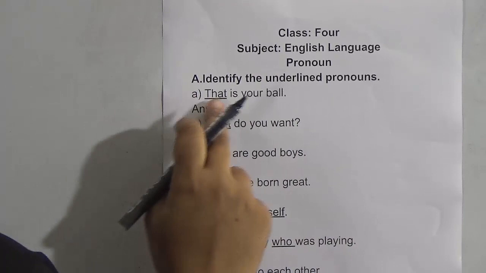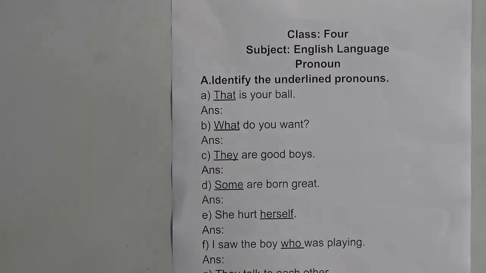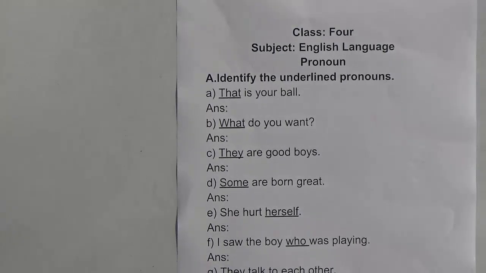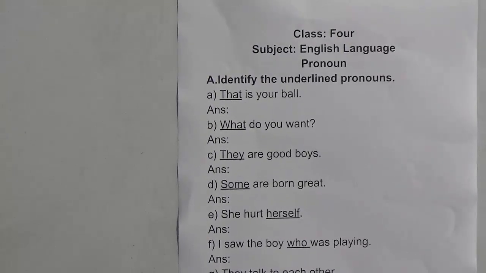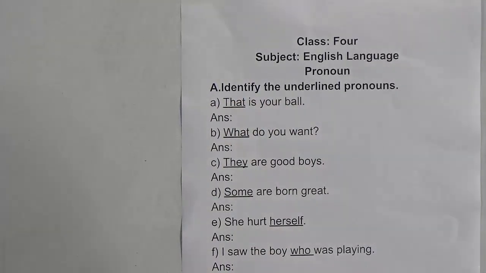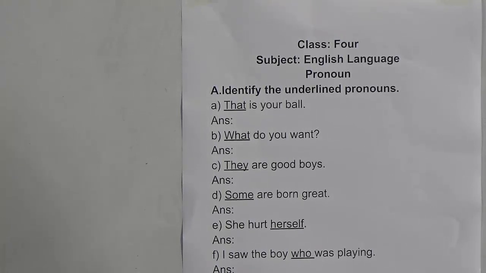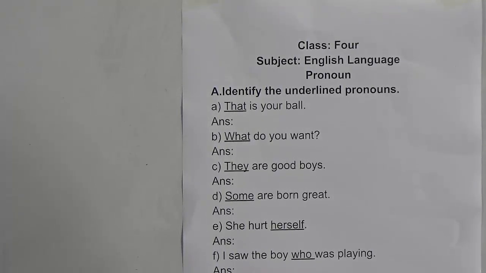Now look, number A, that is your ball. It indicates the ball, and the underlined word indicates the ball. So what will be the correct answer? Yes, I know that all of you know the answer.